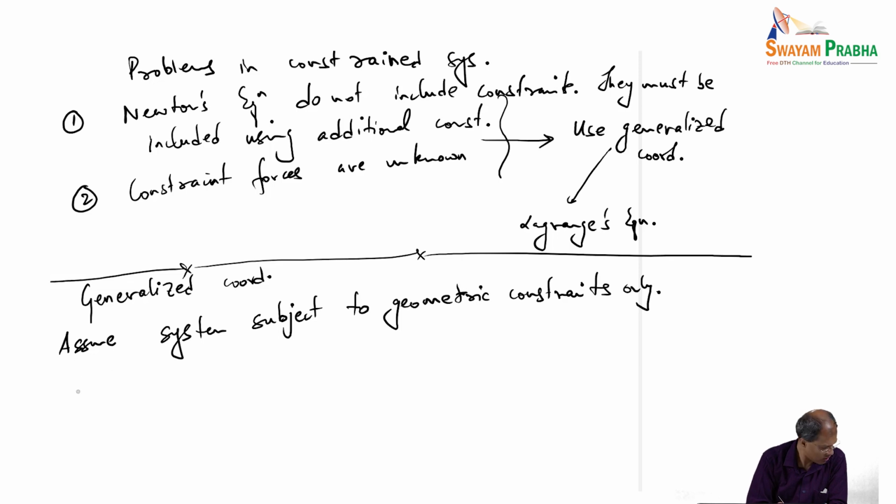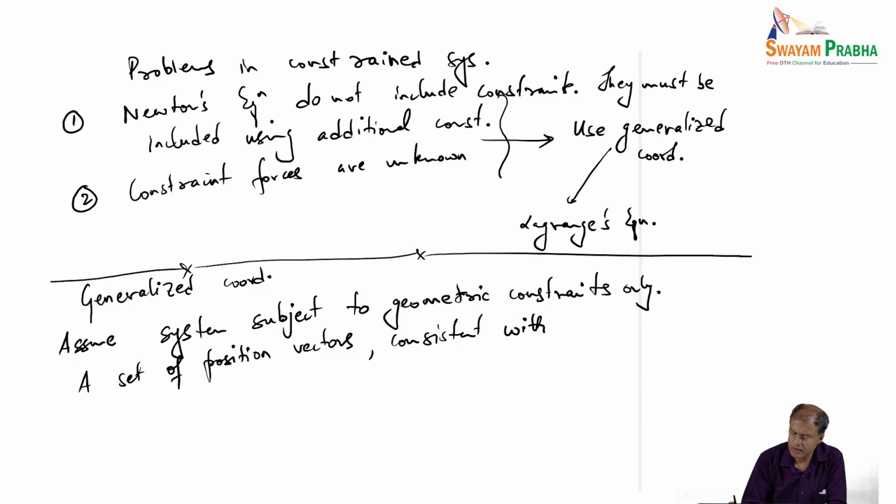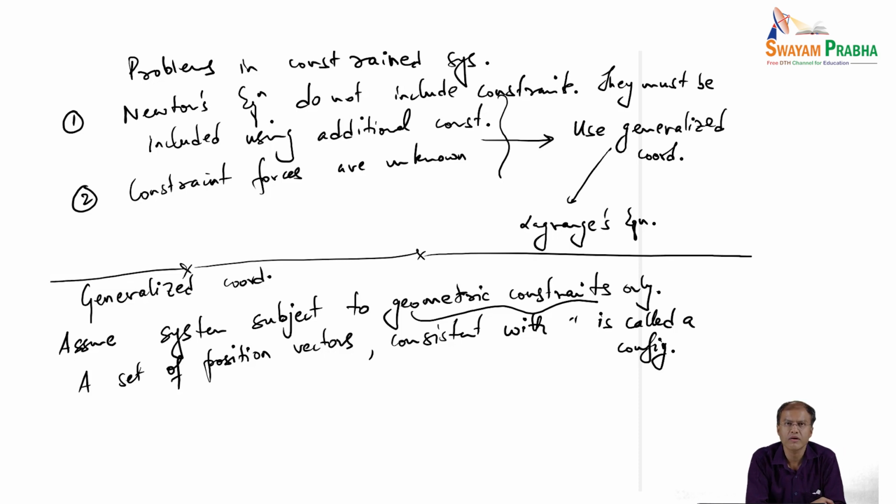Right? So we can talk about a set of position vectors which are consistent with the geometric constraints. A set of position vectors consistent with the geometric constraints is called a configuration, right?